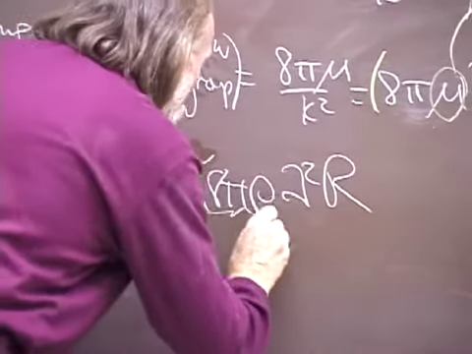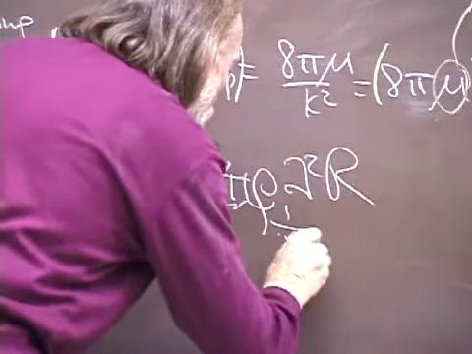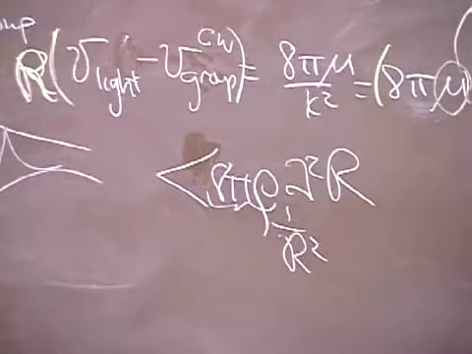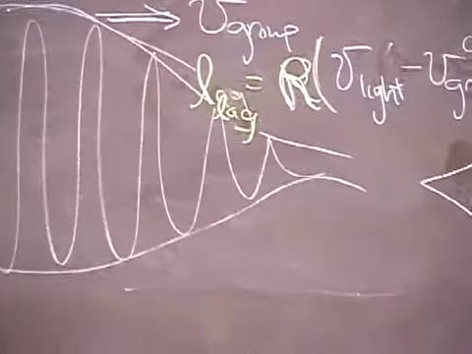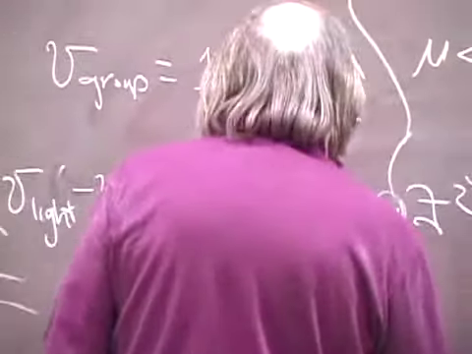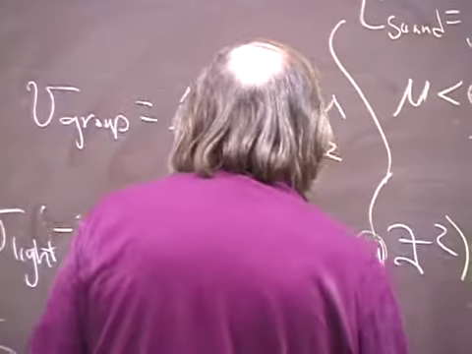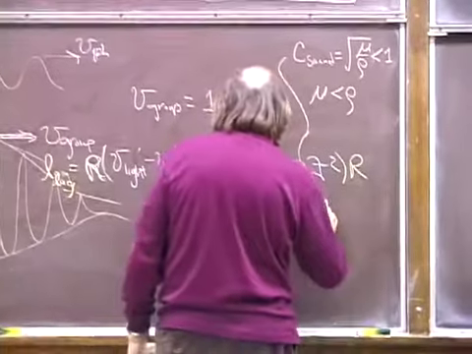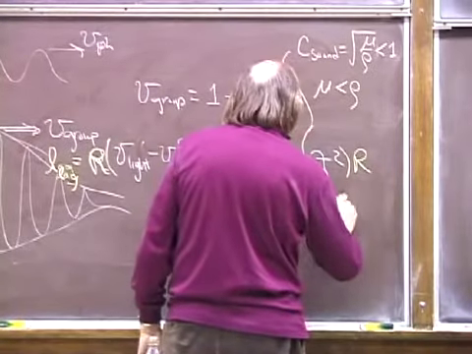But 8 pi rho is 1 over r squared, the radius of curvature of the background space-time squared. So this is less than lambda bar times lambda bar over r.